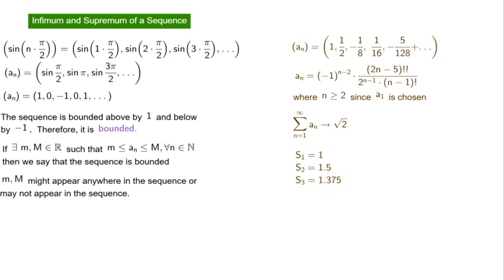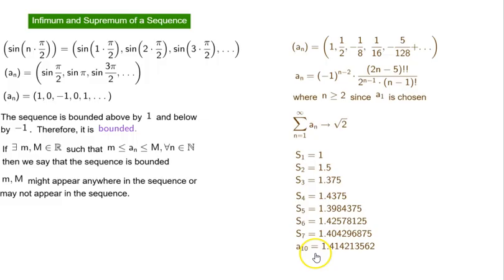That is 1.375. And so on. So again, you will notice that it is approaching 1.41421356, root 2.